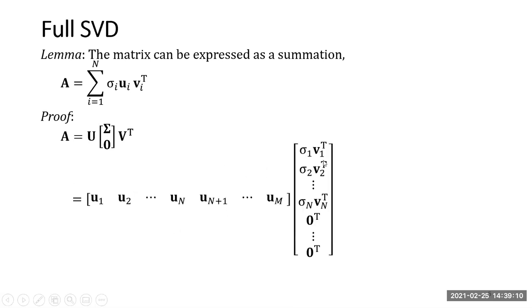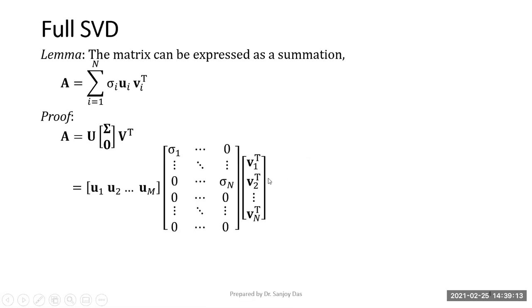So the first row of the product of the second and the third matrices would be sigma 1, V1 transpose. The second would have 0, then sigma 2, then a bunch of zeros. So 0 gets multiplied with V1 transpose, giving 0, and sigma 2 gets multiplied with V2 transpose, so you would have sigma 2, V2 transpose. The third row would be sigma 3, V3 transpose. And the nth row would be sigma n, Vn transpose.